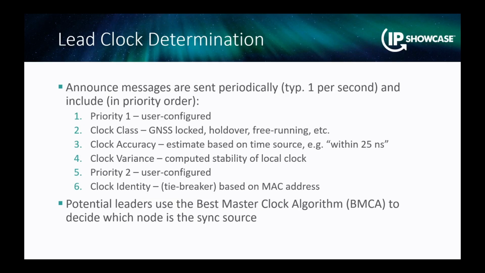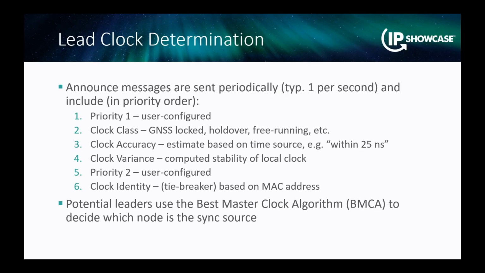The announce messages coming from that GM will now have a different value, basically saying, I'm no longer synced to GNSS, I'm in holdover mode. If the other GM is still synced, it will have a higher clock class. Well, it's actually a lower number, but a better clock class. And because these 6 priority values are used in order, it's now the better clock and it will take over.